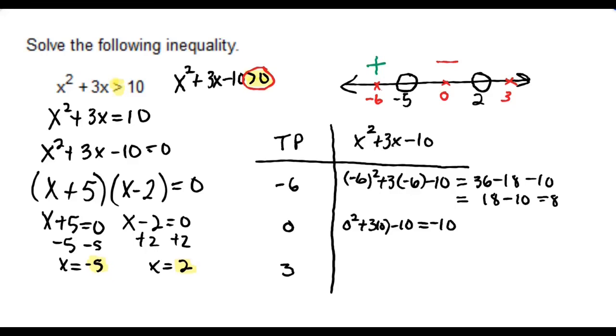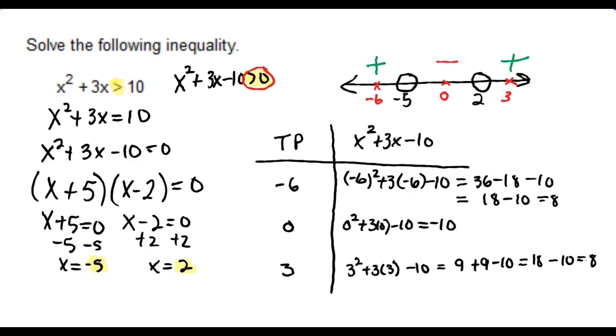With our final test point, we have 3 squared plus 3 times 3 minus 10. That's 9 plus 9 minus 10. 18 minus 10 is 8. So in that rightmost interval, our expression is positive.